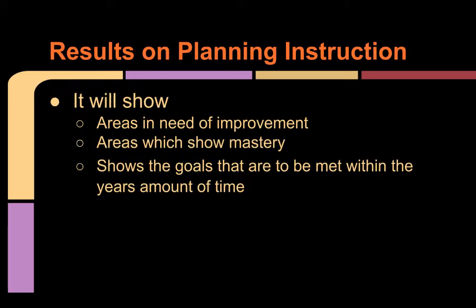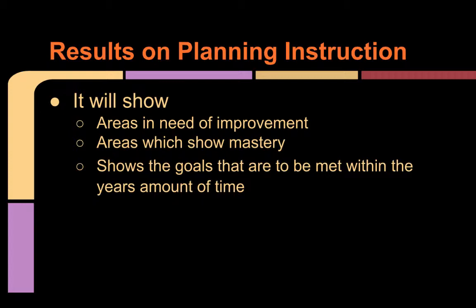Results on planning instruction. As you saw in the chart below, planning instruction needs to be based on a child's areas of improvement, areas of mastery, and you really need to make sure that you emphasize those for each child.